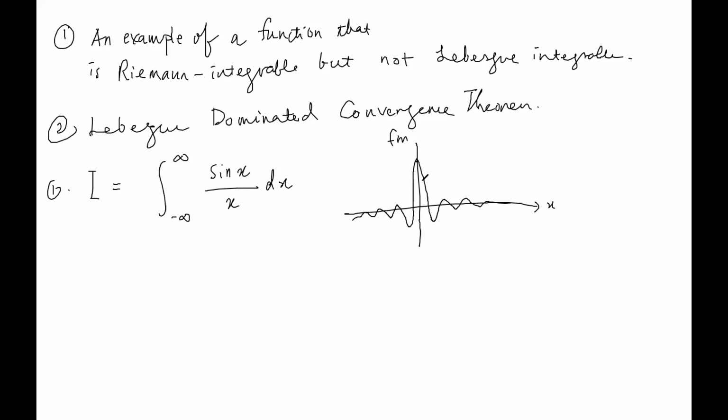So your sine x will give you the oscillations, and then you look at your x, right? Since your x is increasing, the amplitude of the oscillation actually decreases as x increases, yeah? And from elementary calculus, you know that the limit as x tends to 0 of sine x over x is 1.